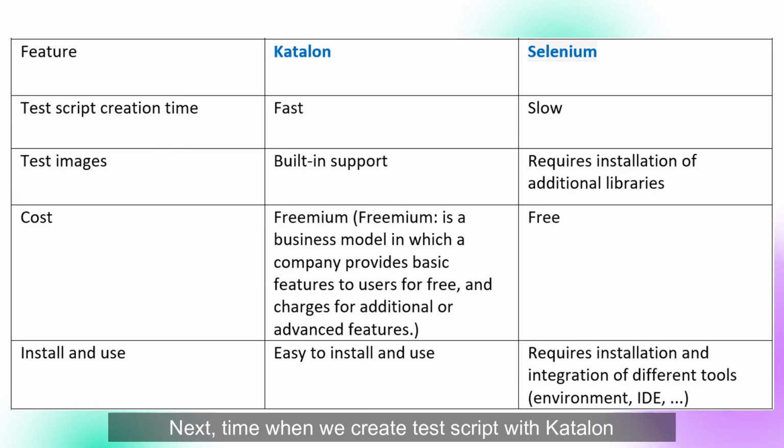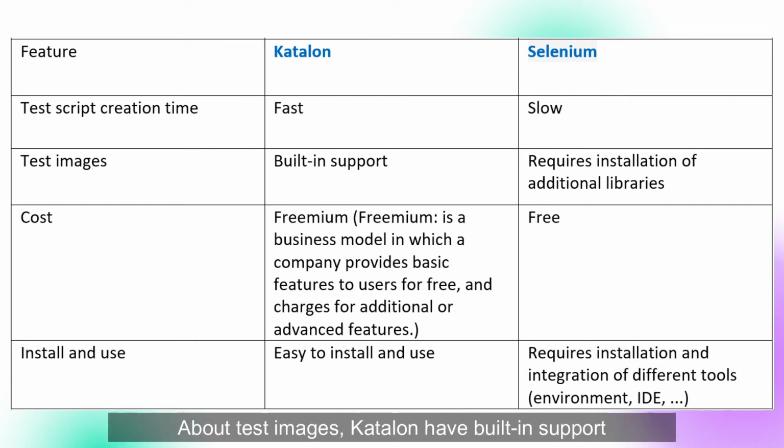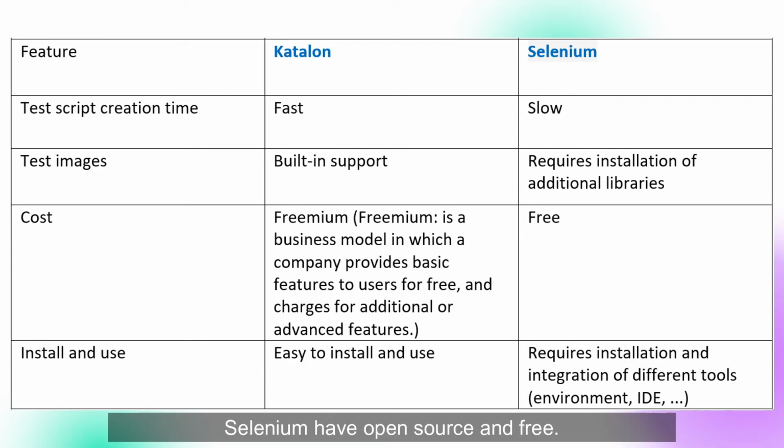Next, the time to create a test script with Katalon will be faster than with Selenium. About image testing, Katalon has built-in support, the opposite of Selenium, which requires installation of additional libraries. Selenium is open source and free.